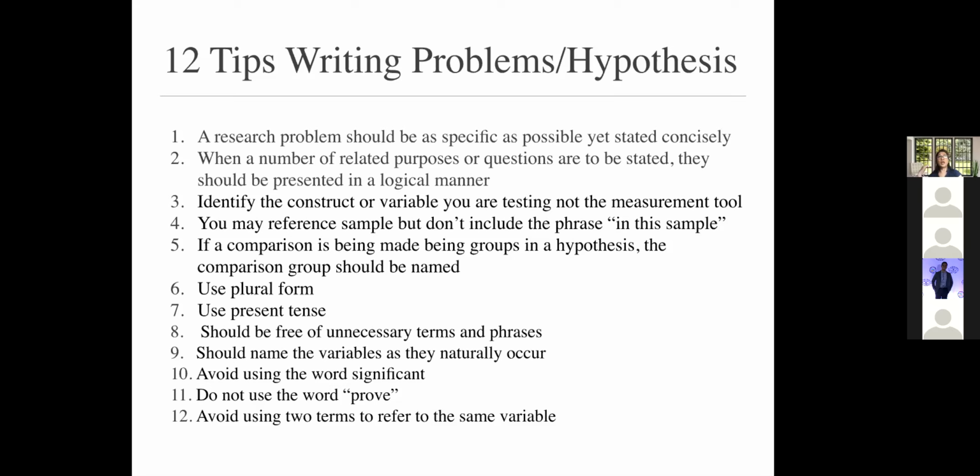And then when you write up your research problems, you write up your problem in the order of how you stated the question. So for example, if your first question was difference in age, in your result section, your first analysis should be about age. If your second question is about gender, then your second analysis should be in terms of gender.